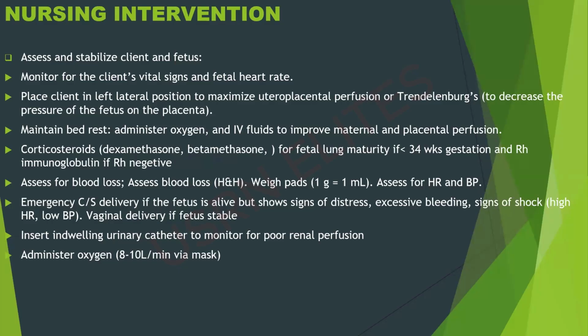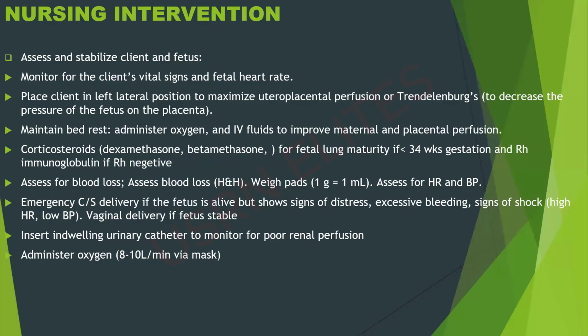Why do we need corticosteroid? For lung maturity. Please take note. In preterm, we give corticosteroid. In premature separation, we also give corticosteroid, because the lungs are not fully matured, especially if the gestational age is less than 34 weeks.